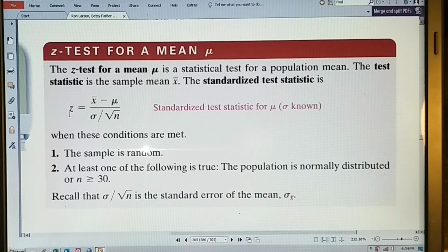There's a theory behind that, but for this lecture, let's focus on the case where sigma is known, where we can use the z-test. I'll introduce to you another test if sigma is unknown, but for this lecture, we will focus on this condition.